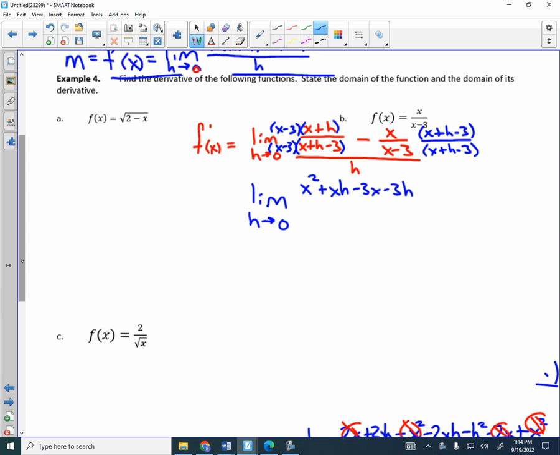Okay, let's pause right here. I'm distributing a negative x through. Negative x times x is negative x squared, negative xh, plus 3x.